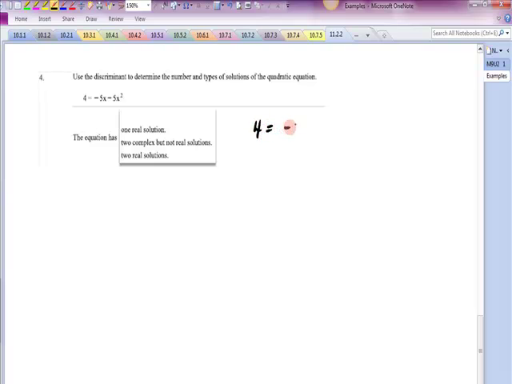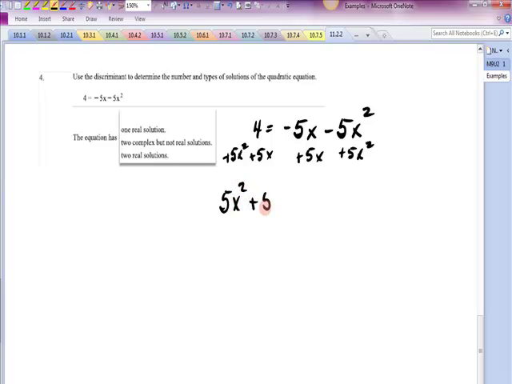4 is equal to negative 5x minus 5x squared. I really like my x squared term to be positive, so I'm going to add 5x squared. I'm going to add 5x. So I end up with 5x squared plus 5x plus 4 is equal to 0.